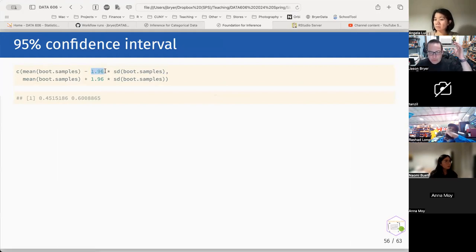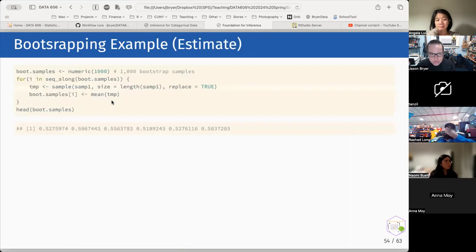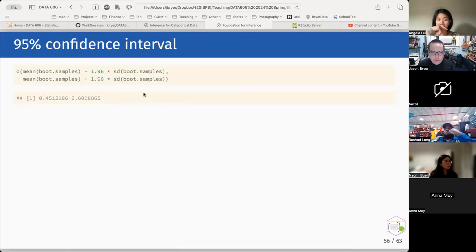If we remember, going 1.96 above and below 0 on a normal distribution captures 95% of the area under the curve. So here, this would be our 95% confidence interval using the bootstrap. And as you see, it's not a lot of code to do this, and it's pretty powerful.